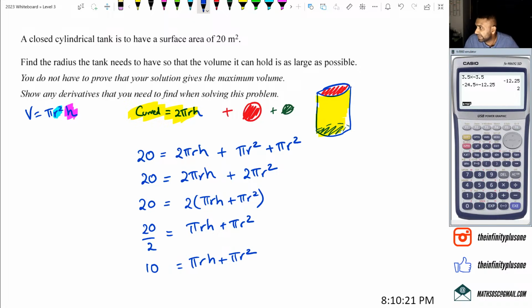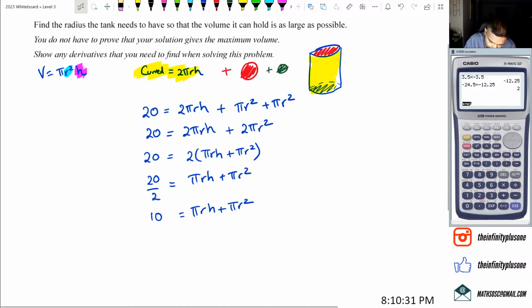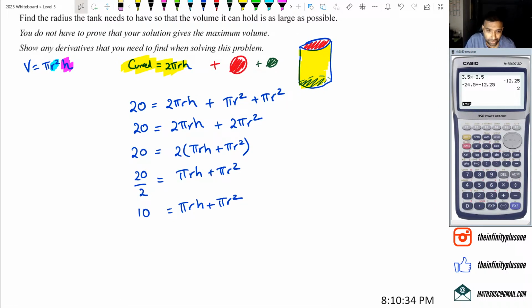It's entirely up to you how to rearrange this, but I would go 10 minus pi r squared equals pi r h, and then h is equal to (10 minus pi r squared) divided by pi r.